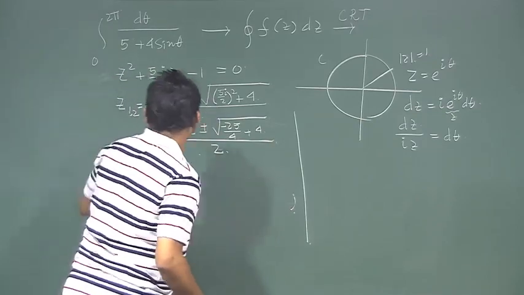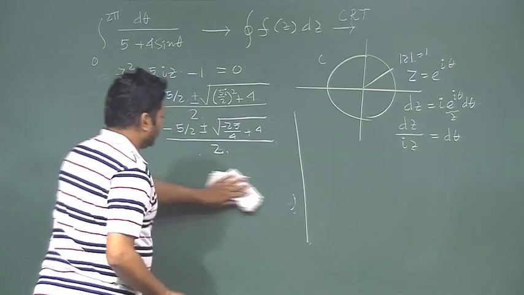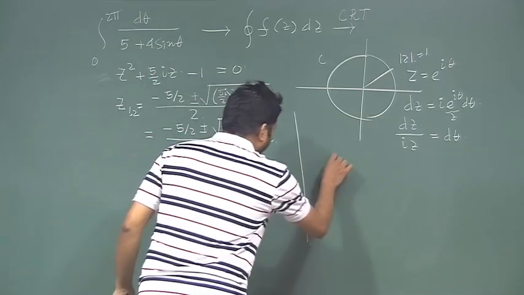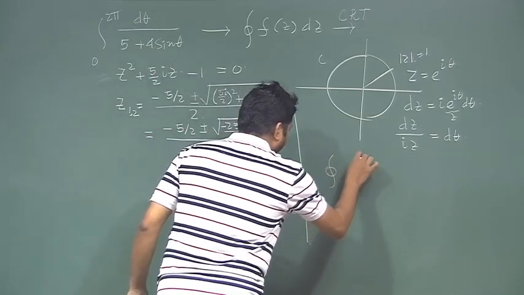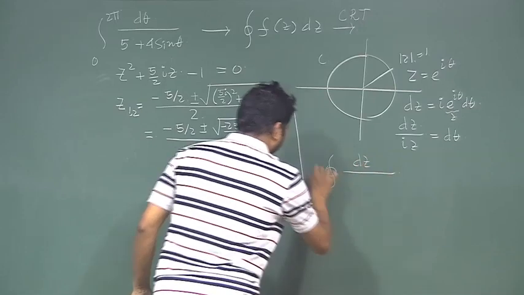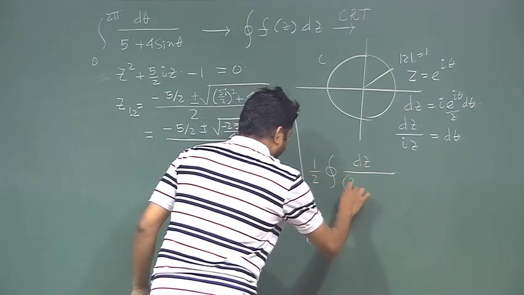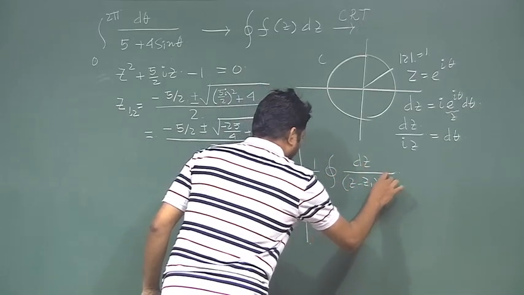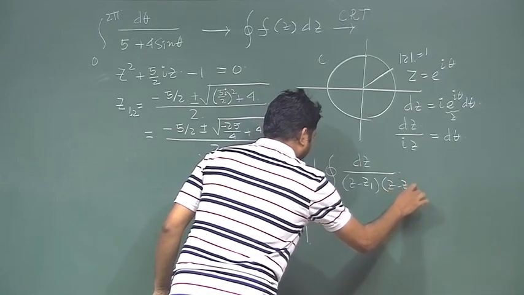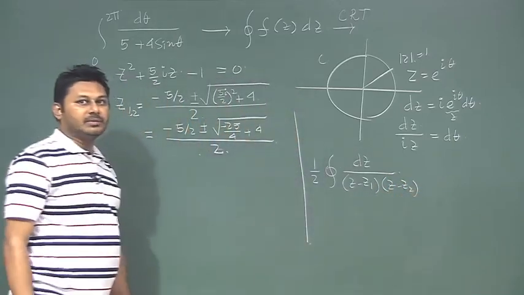Let us erase this. One half term is there, you should remember that. So, integration, let me write it before I forget: it is something like this, z minus z1 and z minus z2.